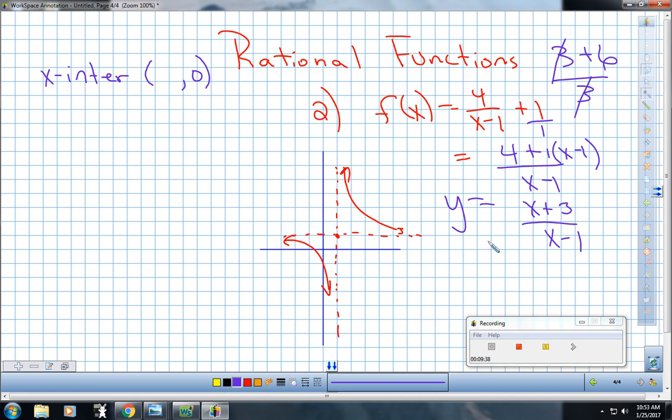When I go over to this function, the only way y would be 0 is if this numerator is 0, right? Because 0 divided by anything would give me 0. Does that make sense? So if I want to find the x-intercept, I'm just going to take whatever the numerator is, and I'm going to set it equal to 0, because that's when the function's value would be 0. So I know that there's going to be an x-intercept at -3. Can I get an aha?